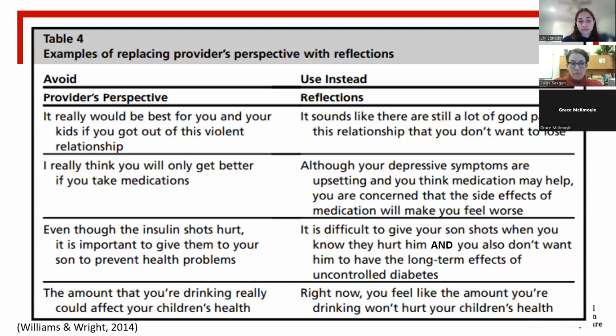The amount that you're drinking really could affect your children's health. Instead: right now, you feel like the amount you're drinking won't hurt your child's health. So again, you can sometimes be gently confrontational with reflections, especially if you can use the patient's own words.